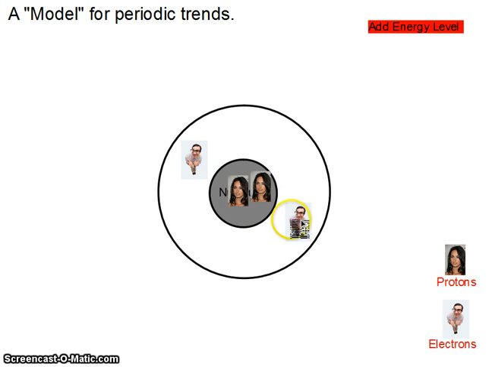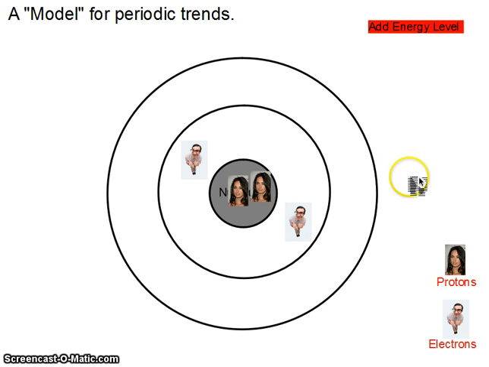But what each one of them sees, this electron sees, oh, there are two protons in the nucleus. And this electron also sees that there are two protons in the nucleus. And so the attraction on each one is much greater than it was for just the single electron and the single proton.